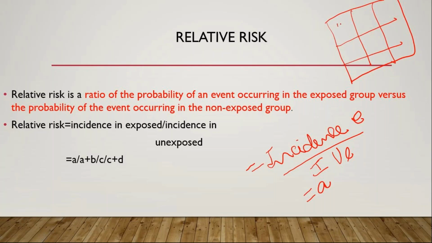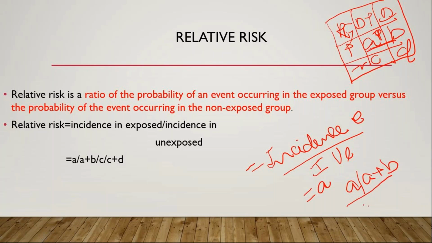Risk factor present, absent; disease present, absent. A: disease positive and risk factor positive. B: disease absent but risk factor present. C: disease present but risk factor absent. D: disease absent and risk factor also absent. So incidence in exposed is A upon A plus B, and incidence in unexposed is C upon C plus D.